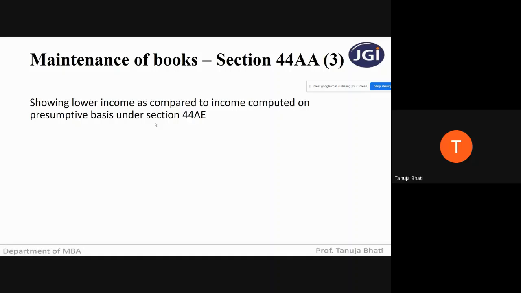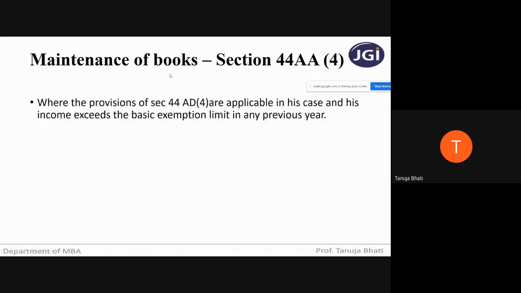But suppose they show their income lower than that presumptive amount, then they are required to maintain the books of accounts. So just remember, as per section 44AE, business people doing the business of leasing goods carriage are under the presumptive taxation scheme, and even though they are under this scheme, if they show their income lower than that scheme, then they are required to maintain the books of accounts.